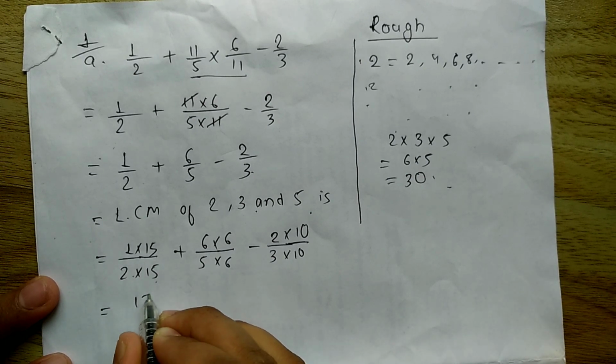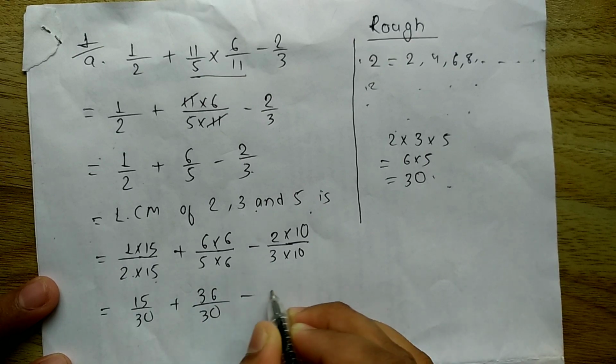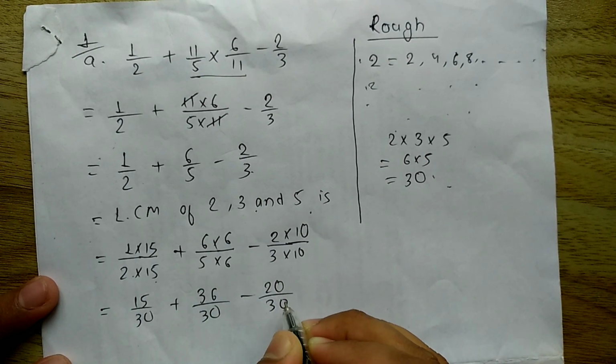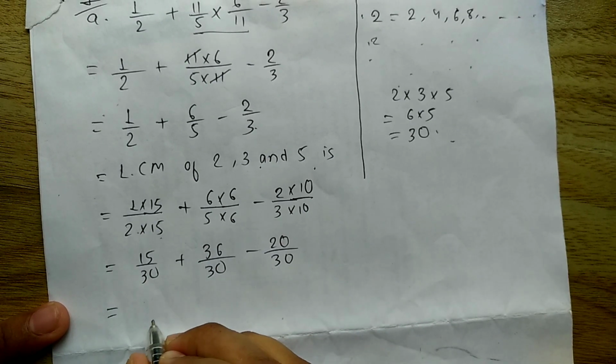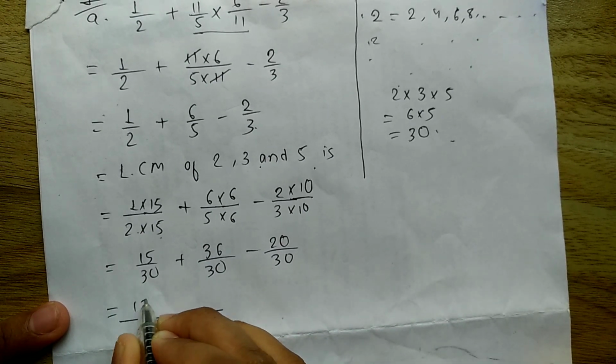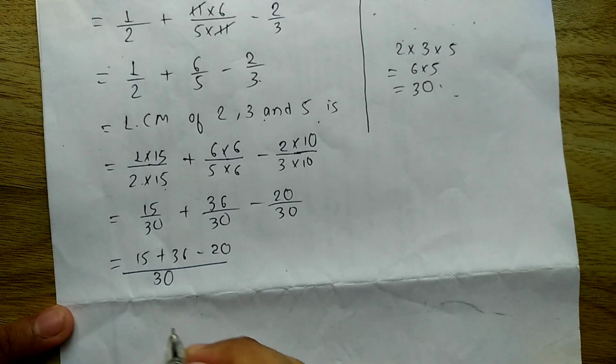Now this will be 15 upon 30 plus 36 upon 30 minus 20 upon 30. Since now all the denominators are equal, 30 will be the same. Now 15 plus 36 minus 20. Like this we have to write. Then we do the addition first.